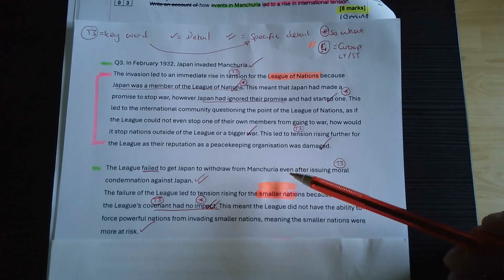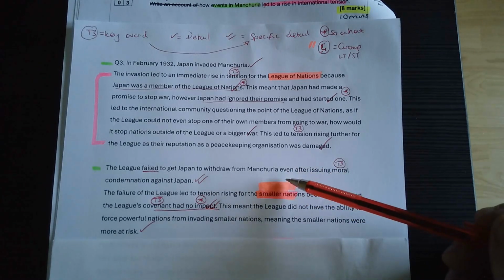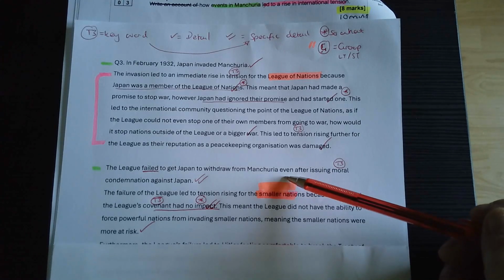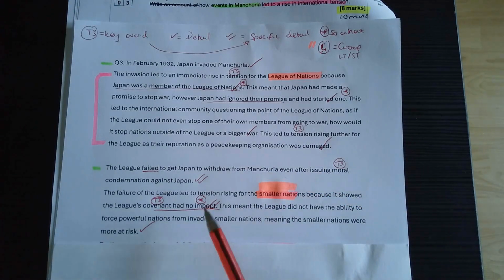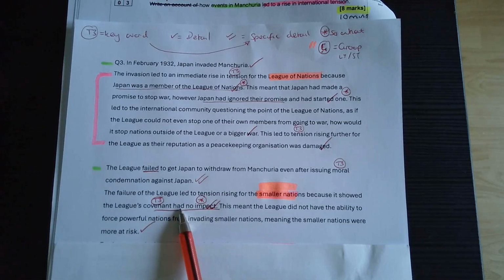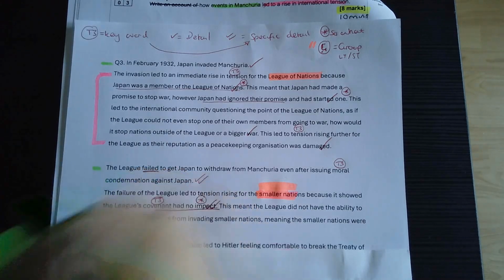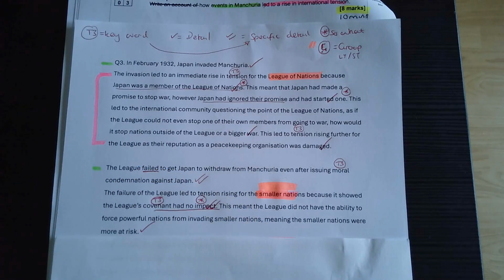However, I want to secure that 8 out of 8 mark. And what I'm then going to do, if I'm struggling to go further than this after my green point, if I'm struggling to say, well, I've talked about everything I can about smaller nations, then change the groups, okay? Change the groups you are talking about.